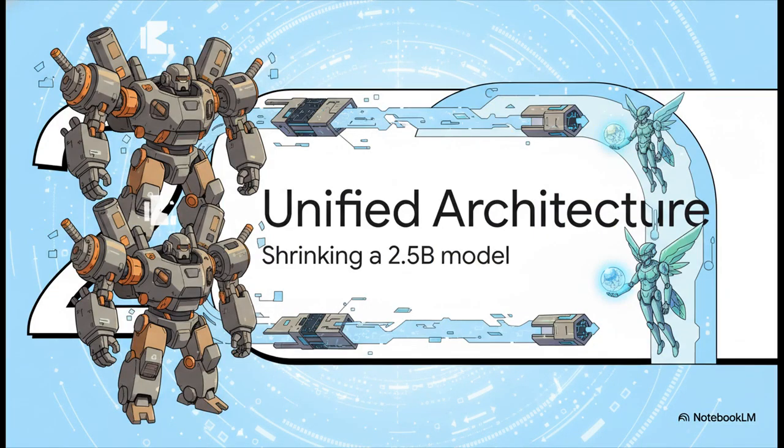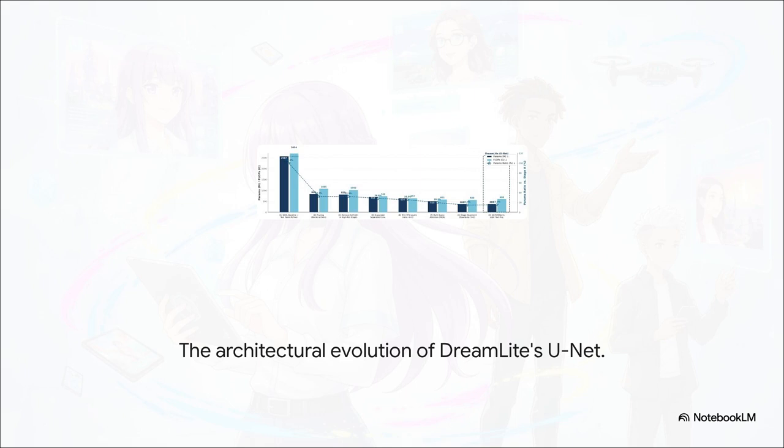And that brings us right to their solution. How did the researchers manage to build one single, lightweight model that could do the job of 2 heavyweights? This chart here illustrates the whole process beautifully. They started out with a really powerful 2.5 billion parameter UNet backbone, the kind of thing you'd find in a big server-side model. Then they just started cutting it down, piece by piece.